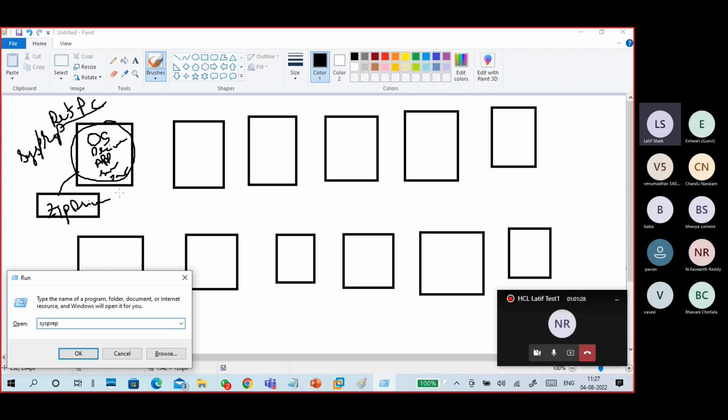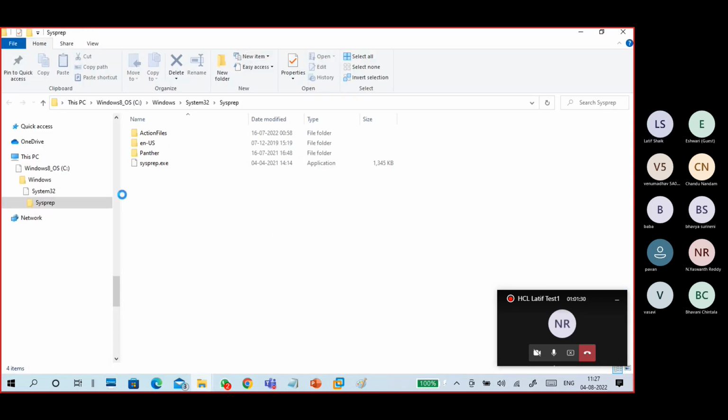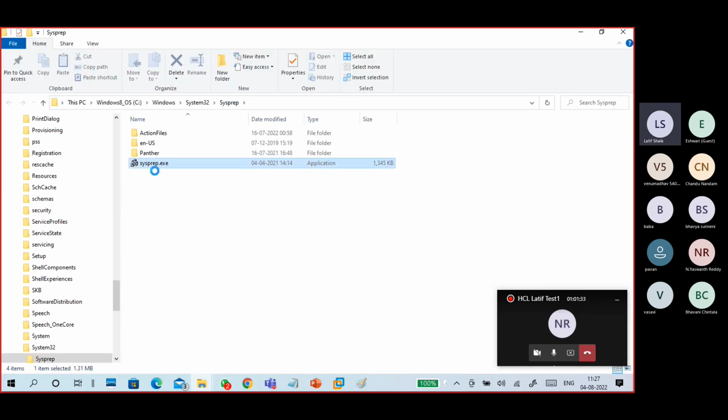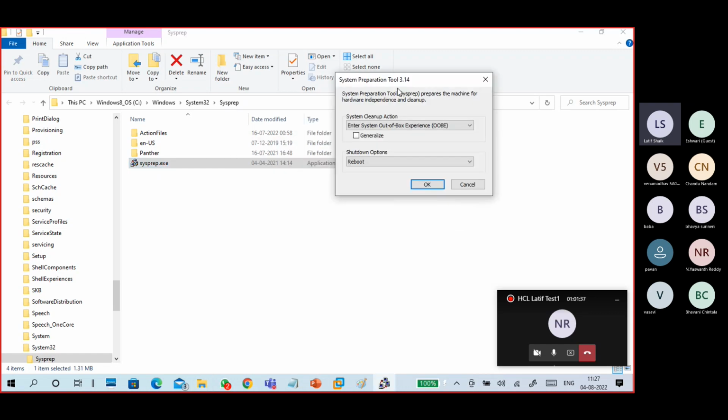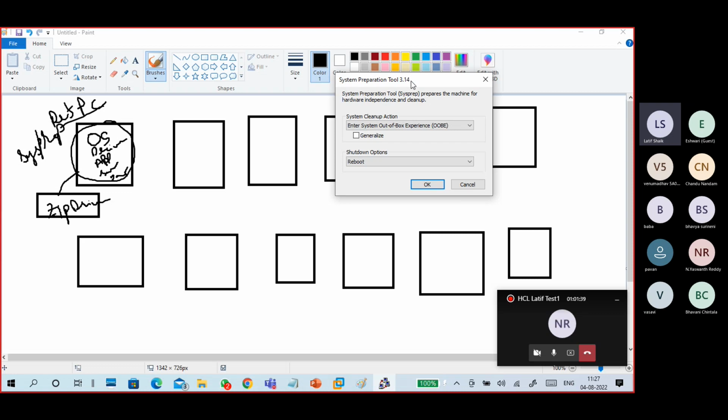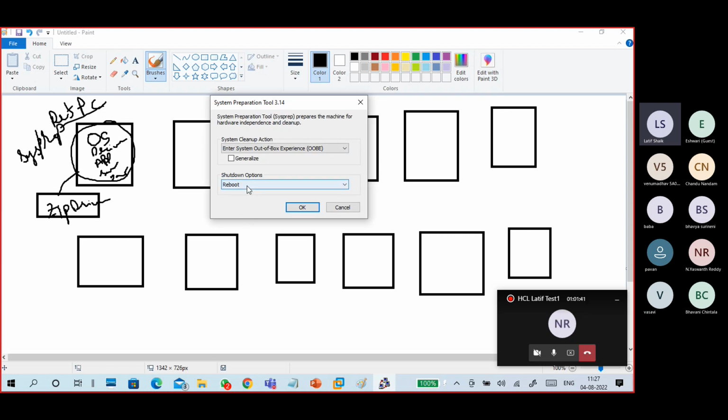This is sysprep.exe. Don't open it, guys. Just read it from my screen only, because I don't click OK. Never click OK. Just cancel it. Better not to open it.